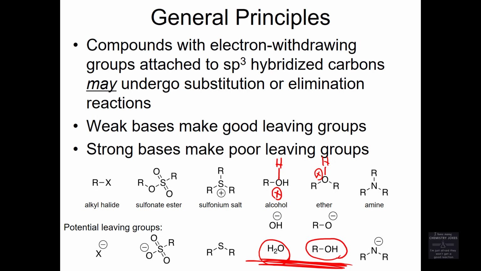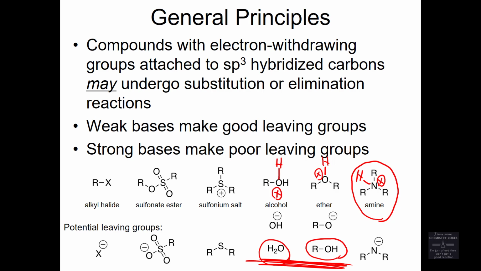If you protonate this amine, that's not going to be a good leaving group either. We'll talk a little bit more about amines, but some other stuff goes awry with this amine. If you try to protonate it and make a decent leaving group, it's not going to happen. So amines are not good at substitution. Amines are not good at elimination. Amines are going to be something we talk very little about within this chapter.